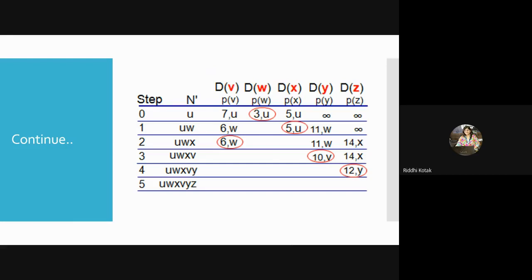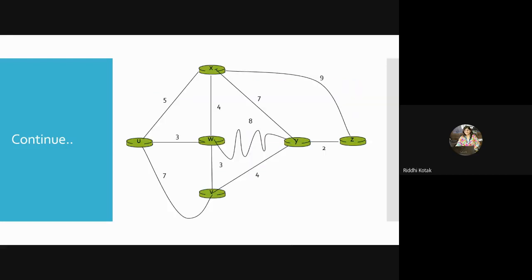So keep that entry as it is, 5 comma U. Now for the next node, Y. To reach Y we have many paths, but we have to select the one in which W needs to be there, or a predecessor of W, and the distance needs to be minimum. If we go from U to X and X to Y, so 7 plus 5, 12. Then if you go U to X, 3, then W to Y, 8, 8 plus 3, 11.